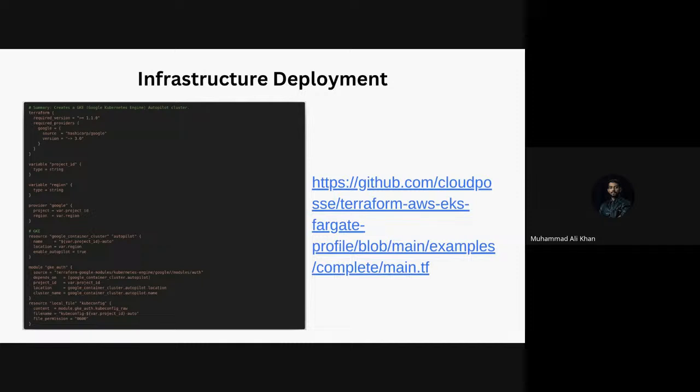But when the developer or user uses a Terraform manifest to deploy these clusters, it really helps us understand how simple it is to deploy a GKE Autopilot cluster through Terraform, whereas in AWS EKS Fargate, we have to create all of these things manually. So these are the infrastructure deployment differences between the GKE Autopilot cluster and EKS Fargate Terraform manifests.